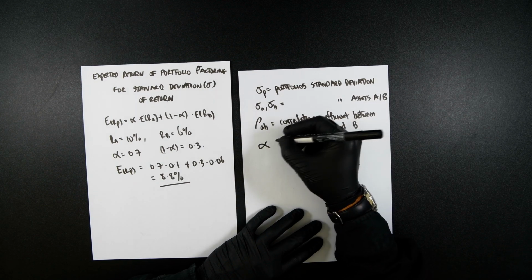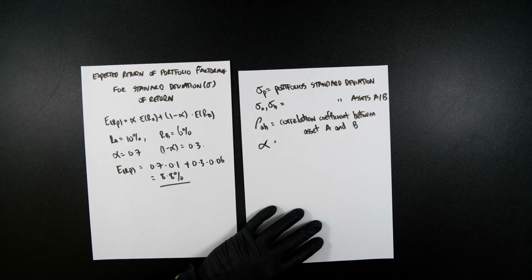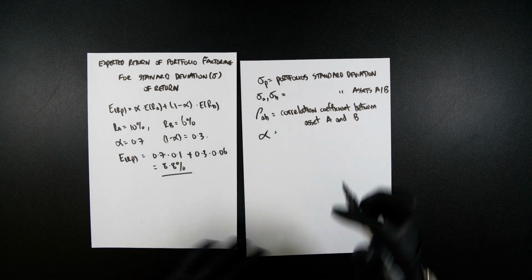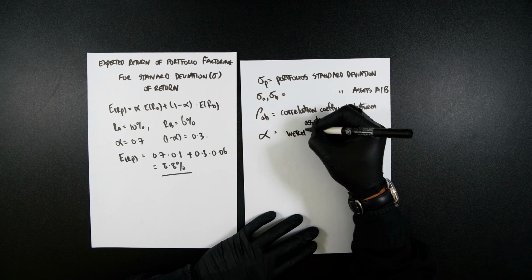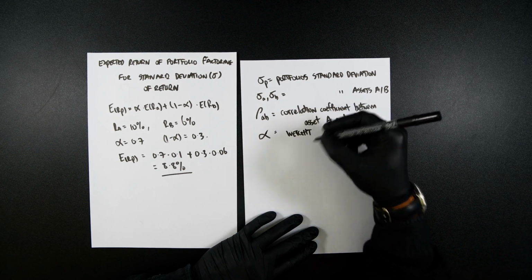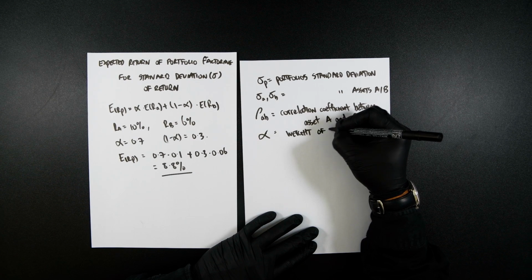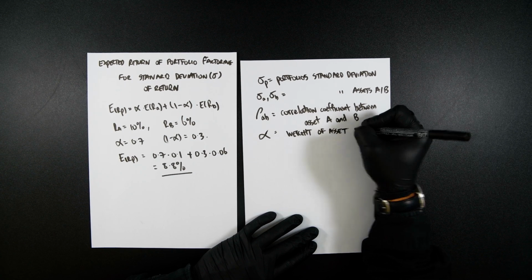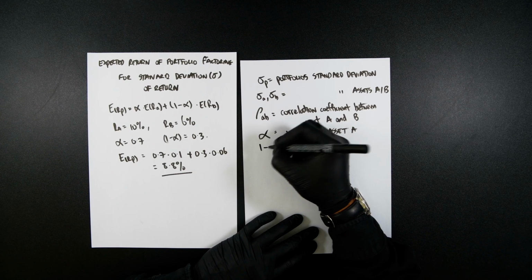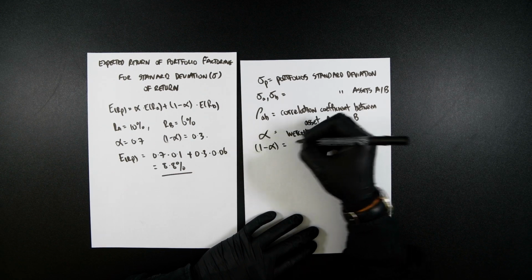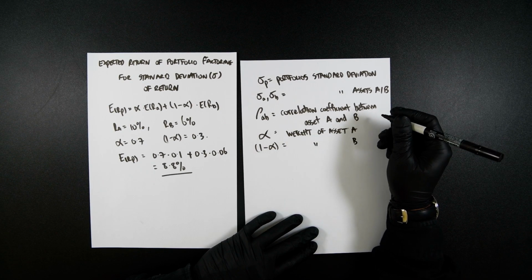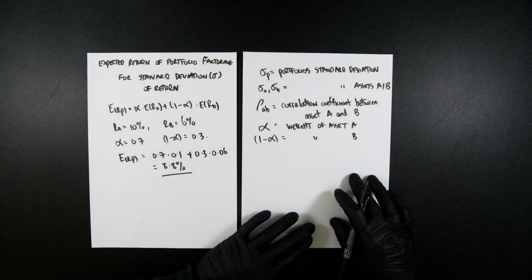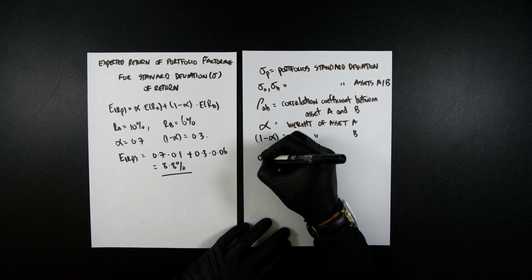We've gone over the proportionality symbol, or as I would like to call it, reverse fish, which is the weight of asset A. So how much have you put into asset A versus asset B? So weight of asset A, and then you're going to have 1 minus reverse fish, which is the weight of asset B. Now let's start building the equation.